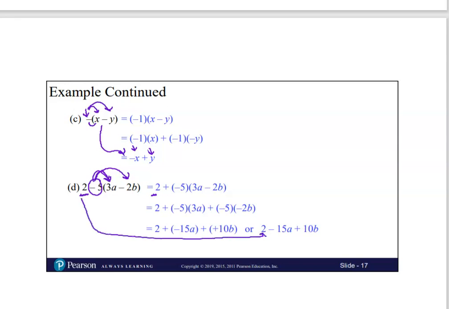They've done a lot of steps in between to kind of really explain, but we're going to write the 2 down. Then we're going to do negative 5 times positive 3a. Well, that's going to get you a negative 15a. Then you're going to do negative 5 times the negative 2b. Well, a negative 5 times negative 2 is a positive 10, and then you would put the b on right here. Okay, so that would be the answer.